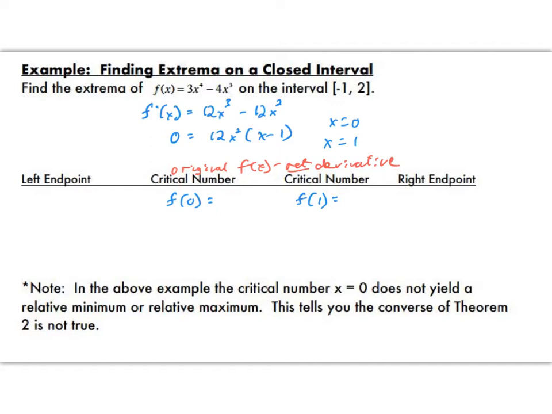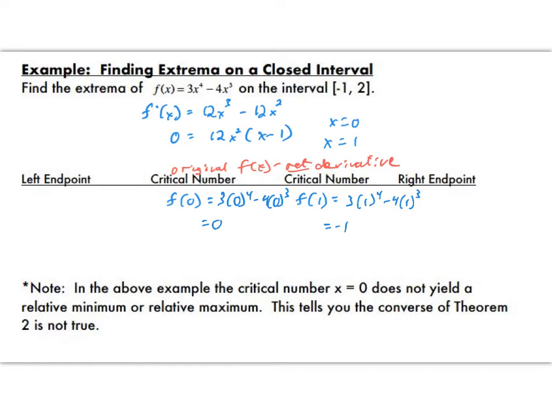If we drop those into our original function, it's no surprise that f of 0 is 0. And when you put 3 times 1 to the fourth minus 4 times 1 cubed, you're going to end up with -1.